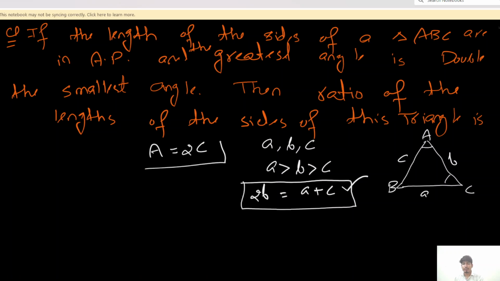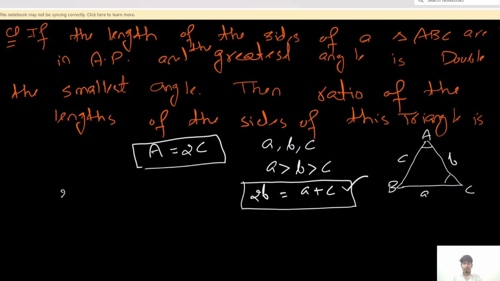Students, then the ratio of the lengths of the sides of this triangle, we have to find this one. We know 2b is equal to a plus c.